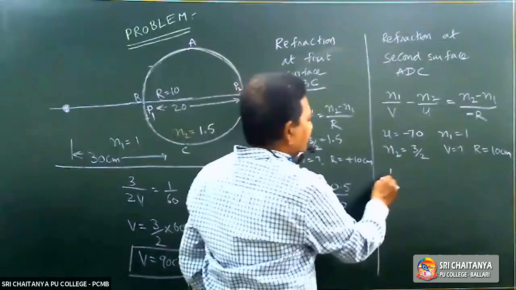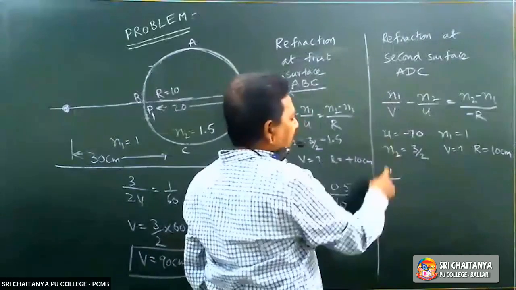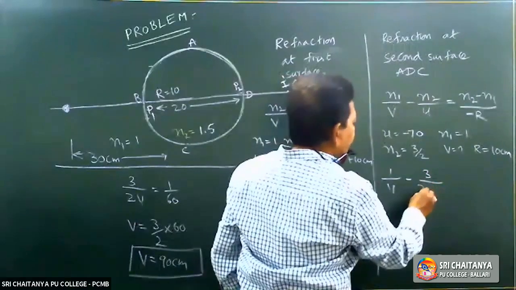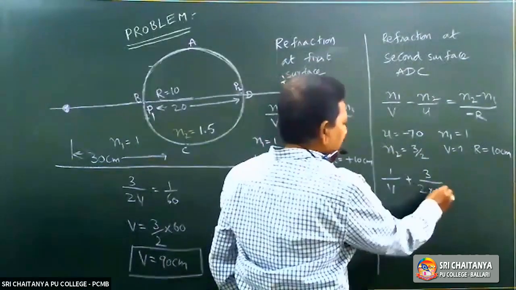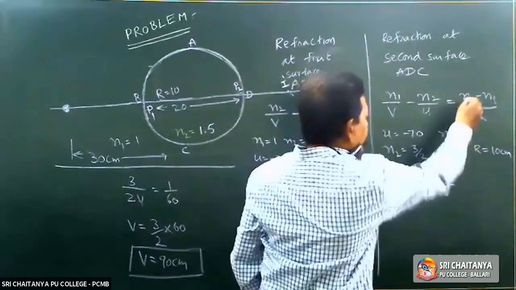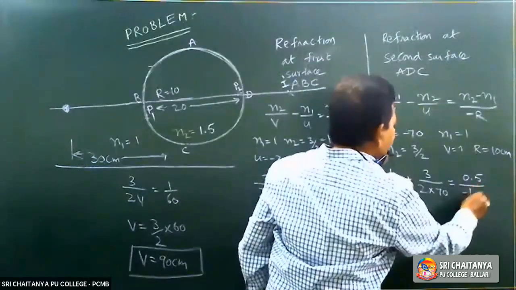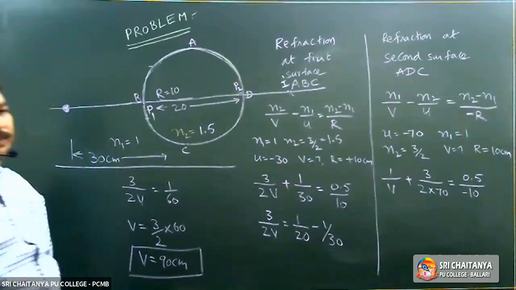So 1 by V, because N1 value 1, minus 3 by 2 into minus 70, plus into 70, is equal to 0.5 by minus 10. R value minus 10.